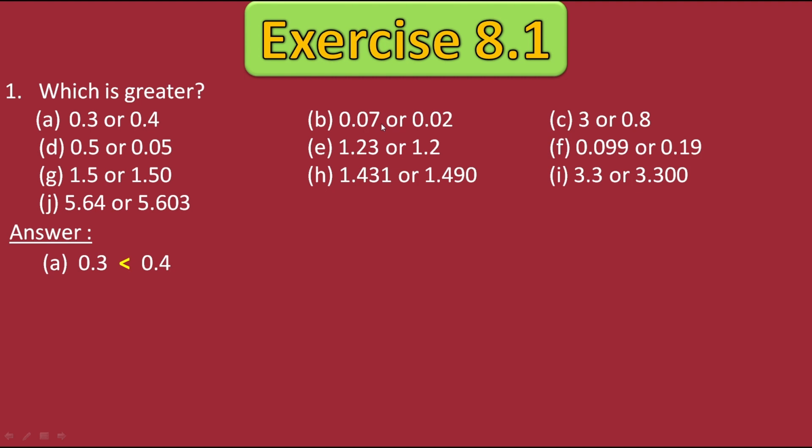But here we have 7 and here we have 2, and 7 is greater than 2, therefore 0.07 is greater than 0.02.